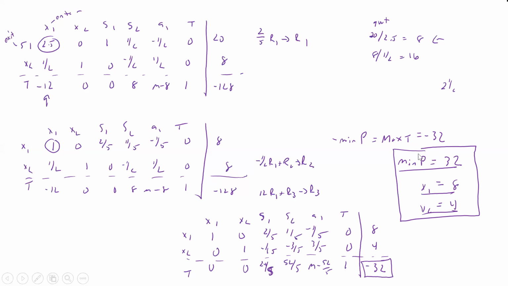Now, hopefully, I've saved enough space to do the maximization problem, because now what we're going to do is we're going to say, okay, well, now we want to max p equals minus 4x1 plus 16x2 and subject to, and now it's going to be 3x1 plus x2 plus, now we're going to add our slack variable s1 equals 28.